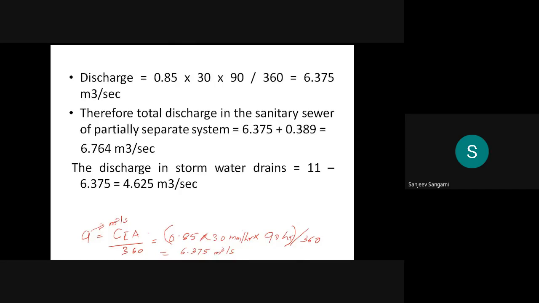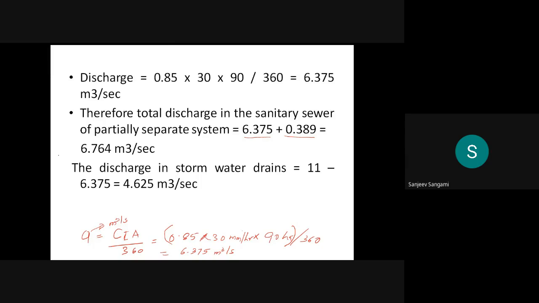So then, if you calculate it, add that sanitary sewer we already calculated, that is 6.375. Then the storm water is 0.389.